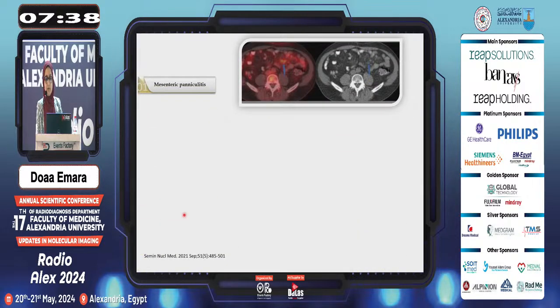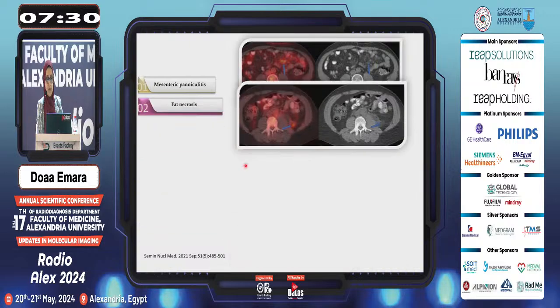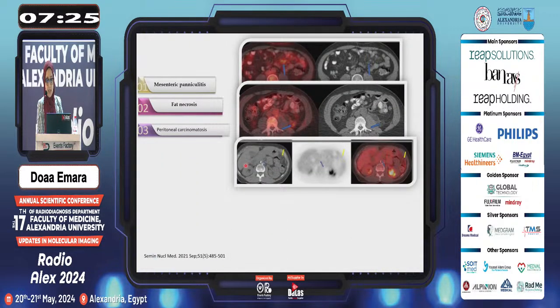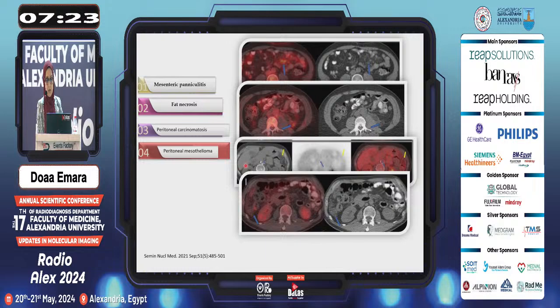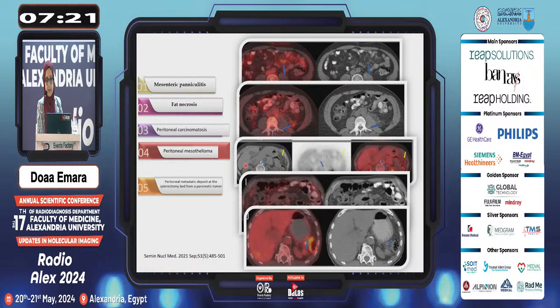These are different peritoneal lesions with different grades of uptake, starting from benign conditions such as mesenteric panniculitis, fat necrosis, through malignant lesions such as peritoneal carcinomatosis, peritoneal mesothelioma, and metastatic lesion at the operative bed of pancreatic cancer surgery.